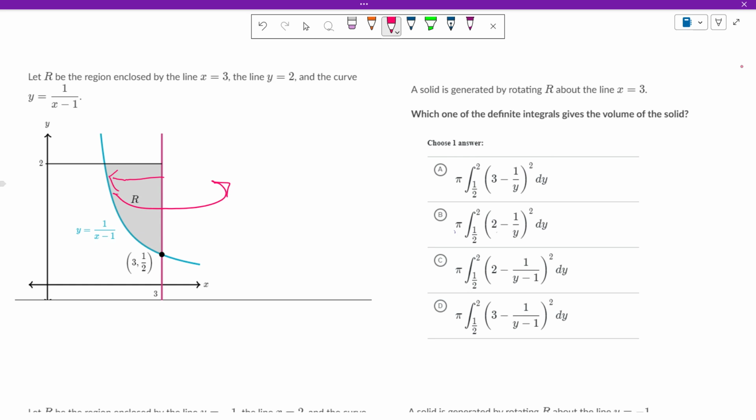So we're going to take this line, 3 minus, and since it's a vertical wrap, we have to solve this for x. How do we solve this for x? Well, we multiply both sides by x minus 1. So it's x minus 1 times y equals 1.